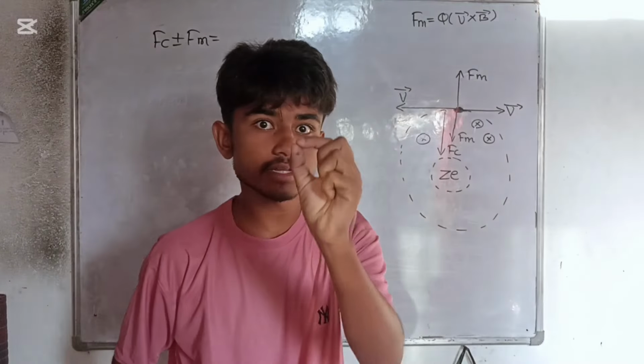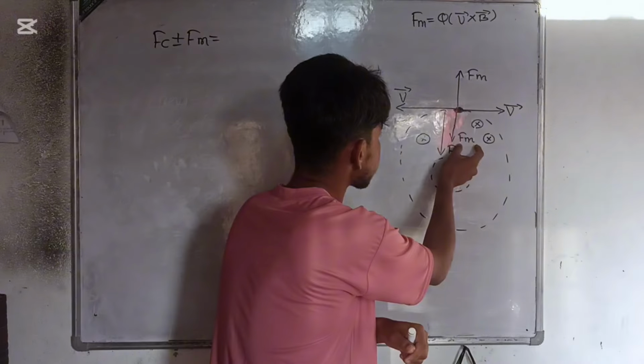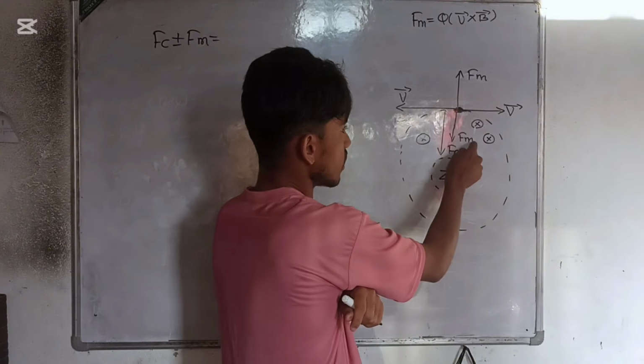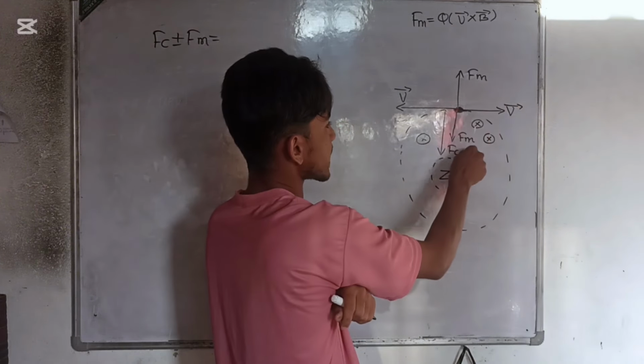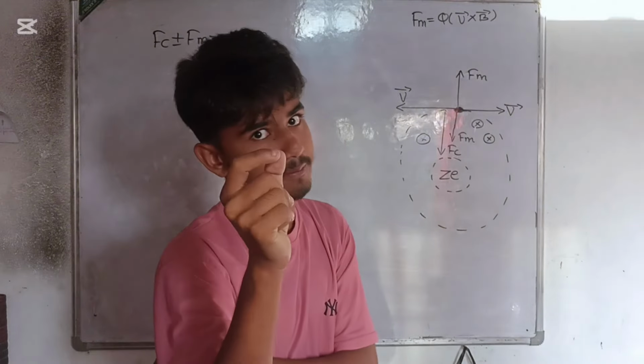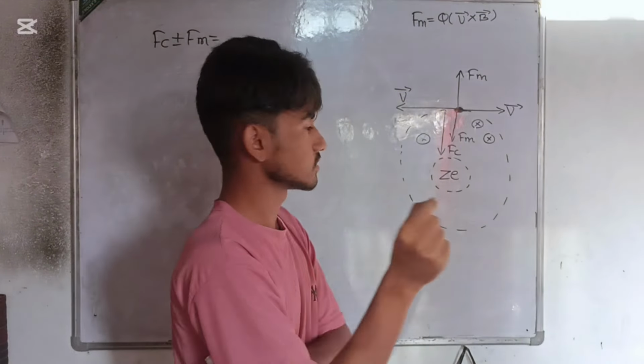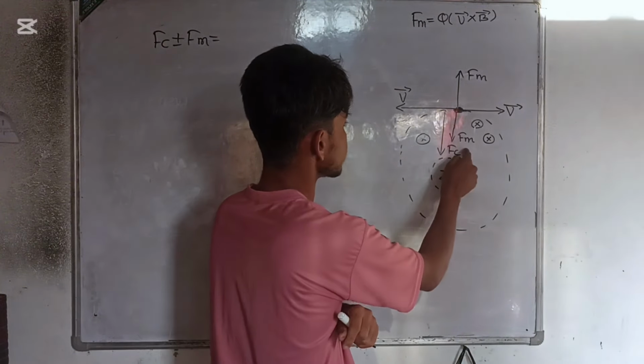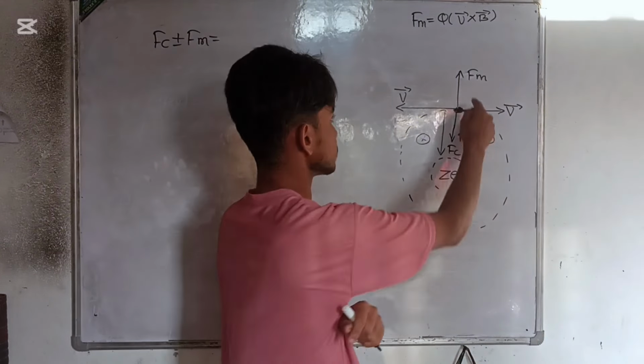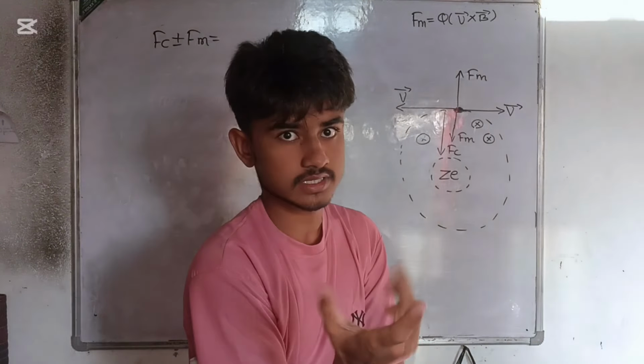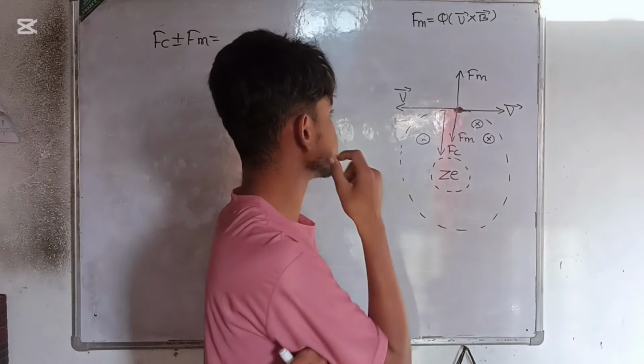Why am I using plus minus? Because the magnetic force can support the centripetal force, or if the velocity is in the other direction, the magnetic force can oppose it, right. If they are in the same direction, the forces support each other. If they are in opposite directions, they oppose each other, right.